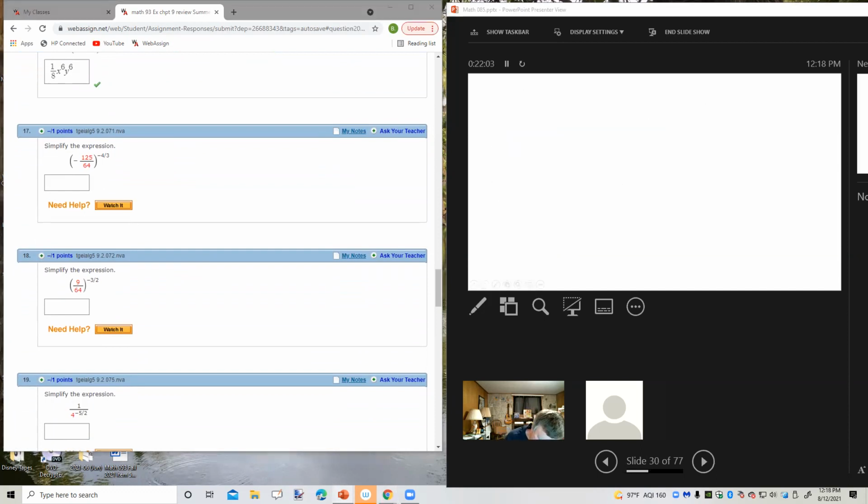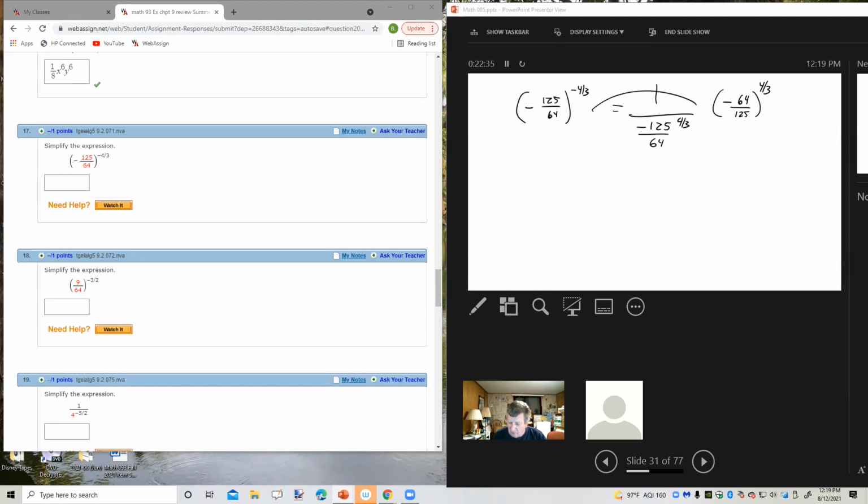Simplify the expression. Negative 125 over 64 to the negative 4/3 power. That's 1 over negative 125 over 64 to the 4/3 power. Or we could just say that's the reciprocal, which would be negative 64 over 125 to the positive 4/3 power.